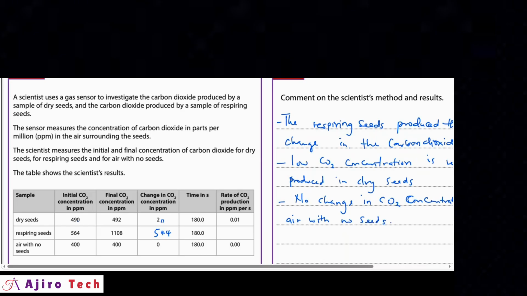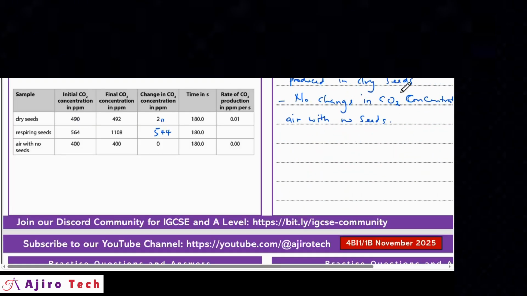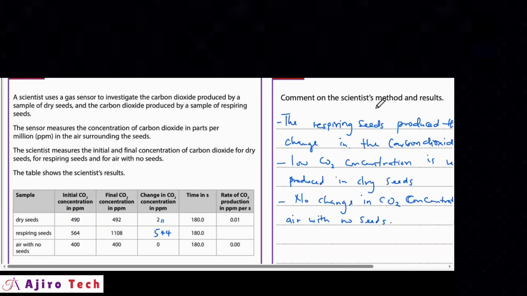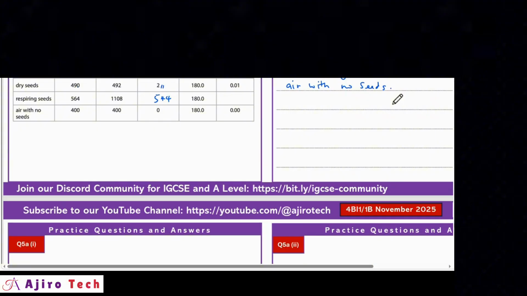All right, now let's comment about the method that the scientists use.